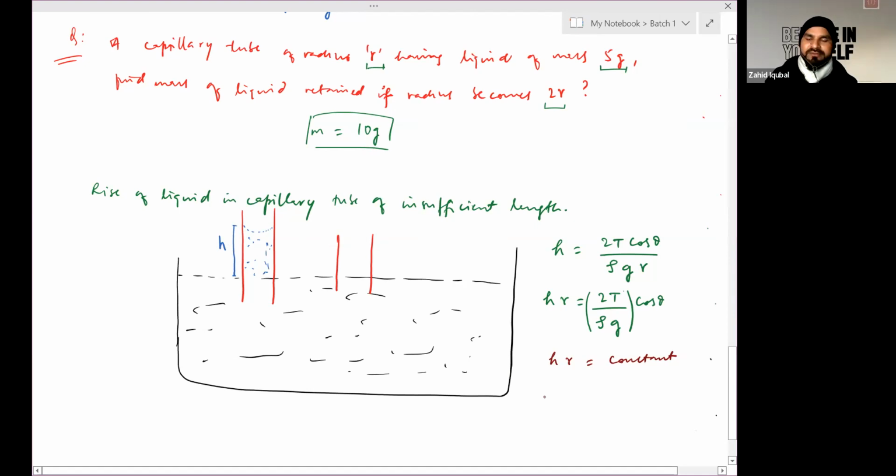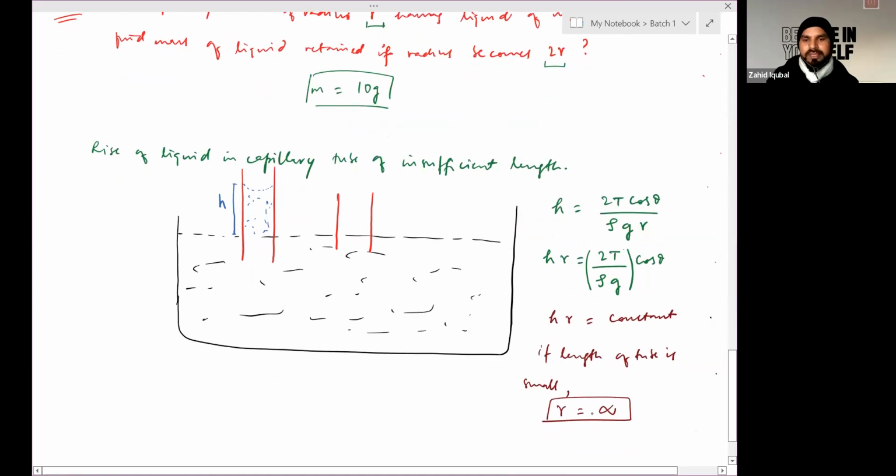So if the length of the tube is small as compared to the amount of liquid raised, r will tend to increase up to its maximum, that is infinity.